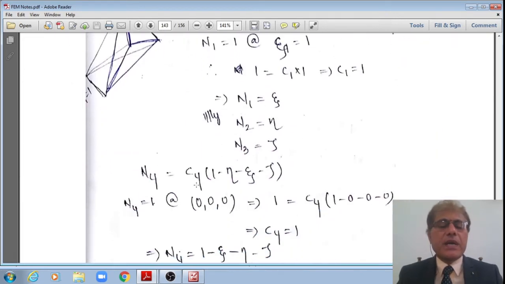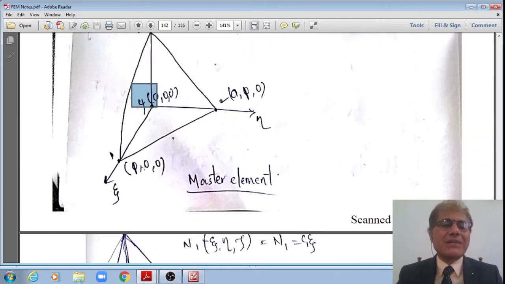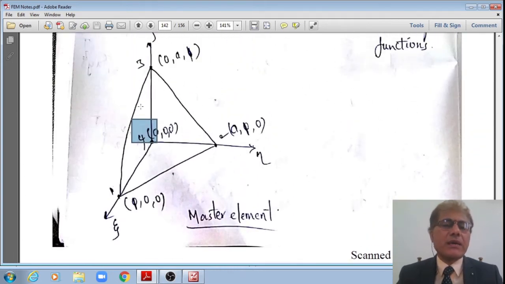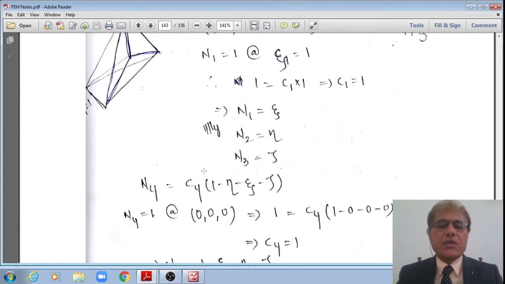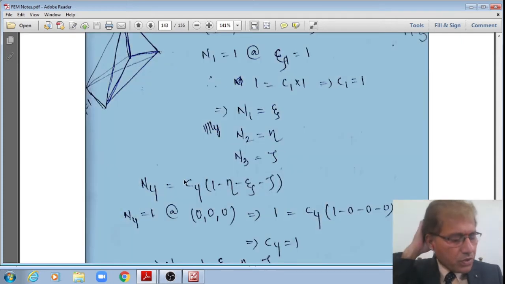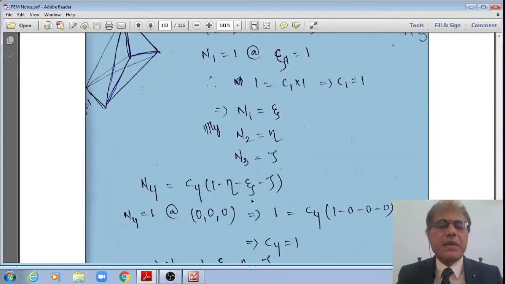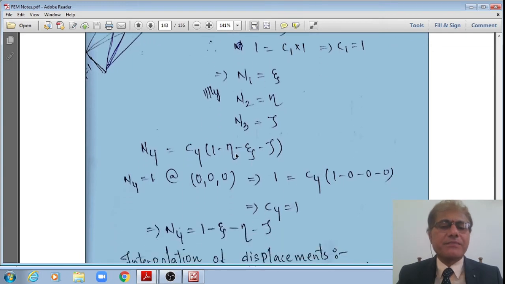Therefore, by the time it comes to these three nodes 1, 2, 3, which are connected by a surface having the equation 1 minus xi minus eta minus zeta, n4 is equal to c4 multiplied by 1 minus xi minus eta minus zeta.